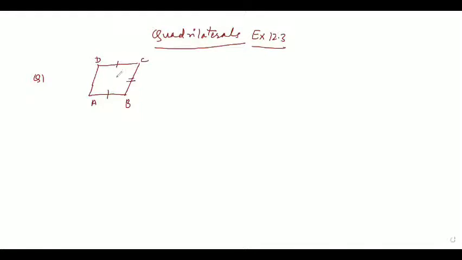This is equal to this and this is equal to this. And one angle is 5 times the other adjacent angle. Suppose if we take angle A as x, then adjacent angle B will definitely be 5x. So here it is asked what is the figure called.